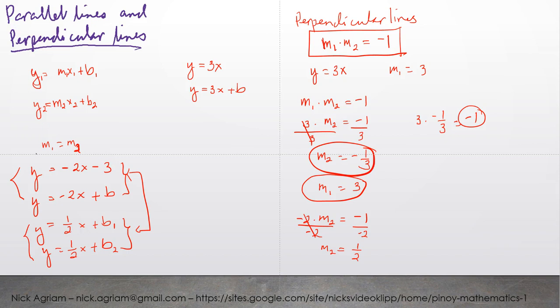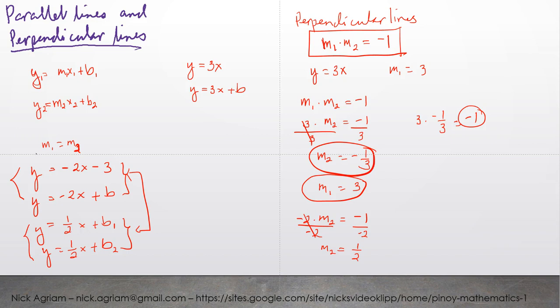Why I discuss these things before going to finding the solution of two equations or two linear functions is because if the slopes of two lines are the same, then you cannot find a solution.